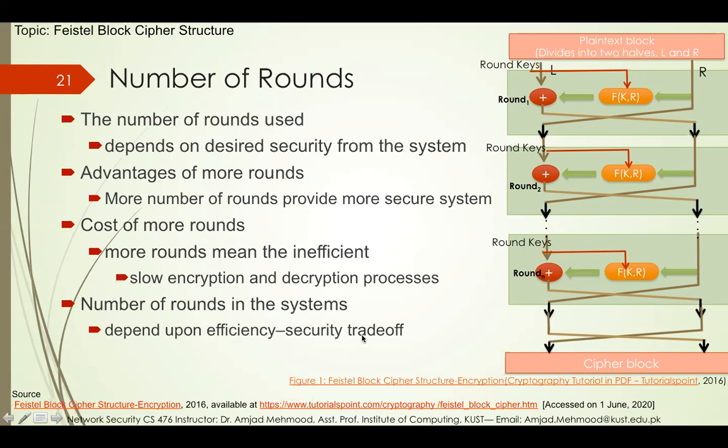The question is where the threshold is at which you get the maximum security with the least processing. As I mentioned, DES uses 16 rounds. On one side it provides you security, but on the other hand it is inefficient if you use more rounds.